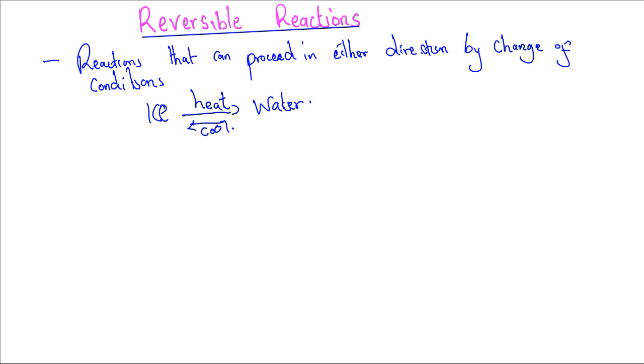Another example of a reversible reaction is nitrogen dioxide gas, which when cooled will give liquid dinitrogen tetraoxide, which is in liquid state.